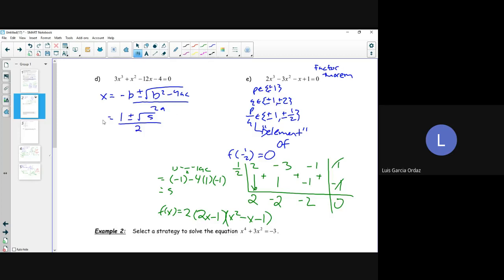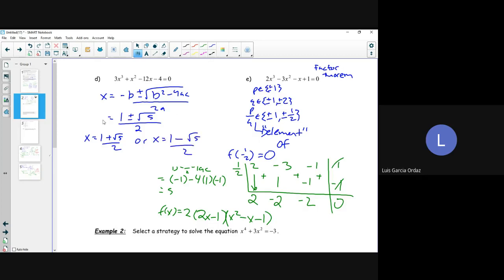So what would our two roots be? We get x is equal to 1 plus square root of 5 divided by 2, or x is equal to 1 minus root 5 divided by 2.